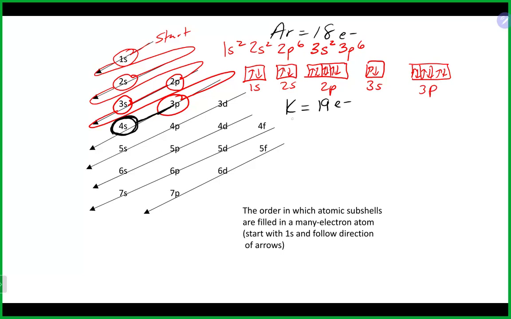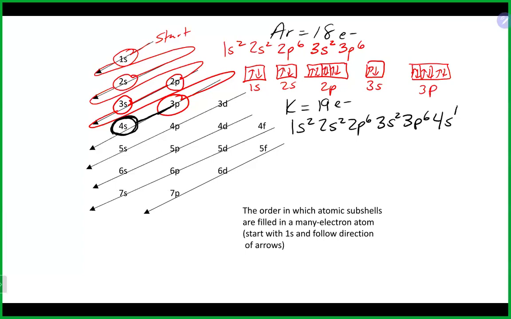So potassium's configuration would be 1s2, 2s2, 2p6, 3s2, 3p6, and now 4s1, to get us to 19 electrons.